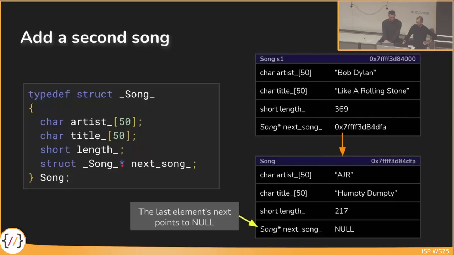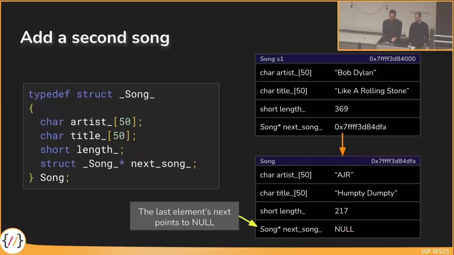Okay, and now we could, for example, add a second song, and as you can see now, the first song has not null stored in the pointer next song, but the address of our created second song. And the second song has null as next song because there is no third song yet.